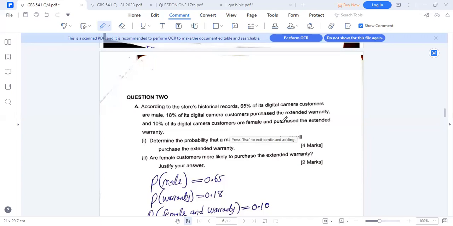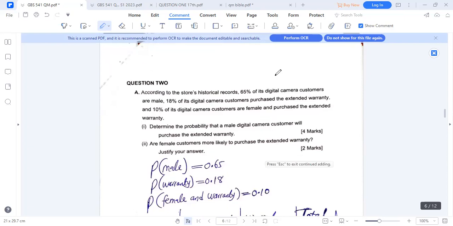Then we're asked to determine the probability that a male digital camera customer will purchase an extended warranty.